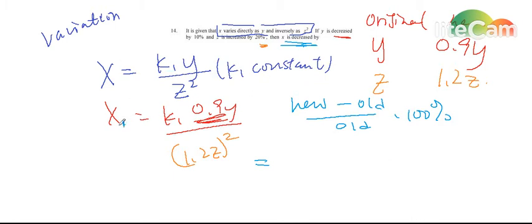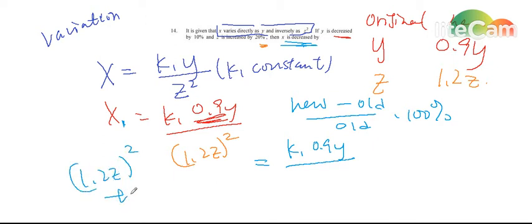The new x is our x1, so we can put it here: k1 0.9 y over 1.2 z whole square, which equals 1.44 z square. So we put this under here, 1.44 z square, and then minus the old one.